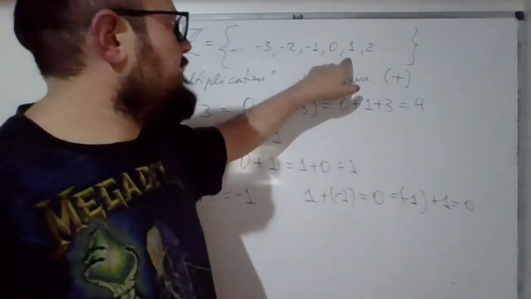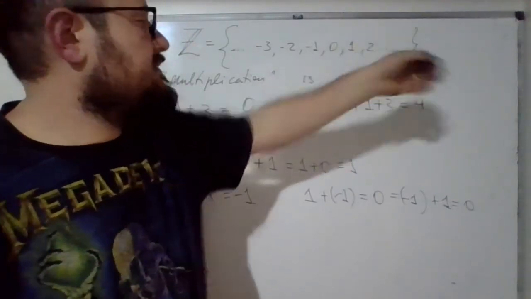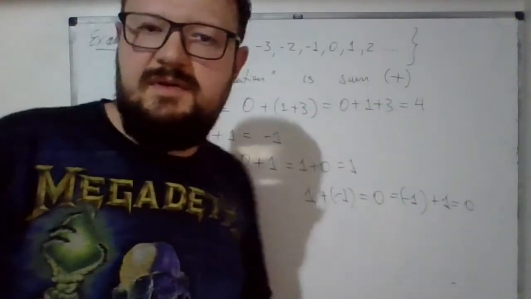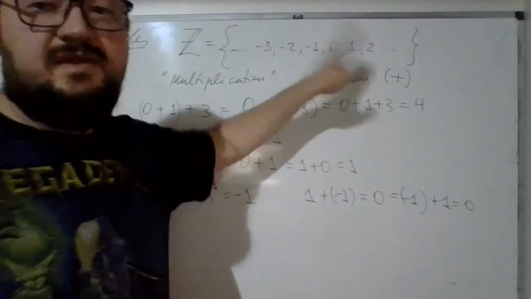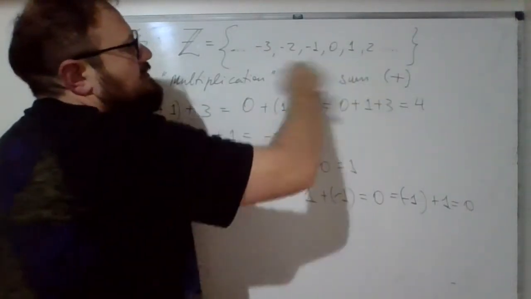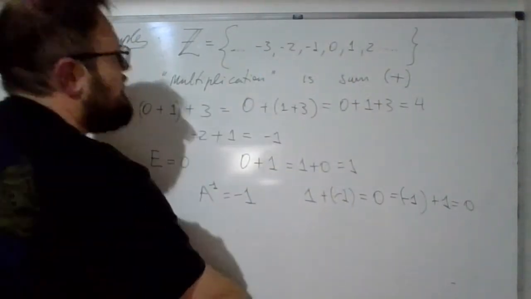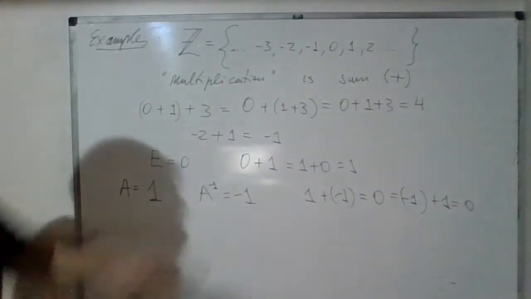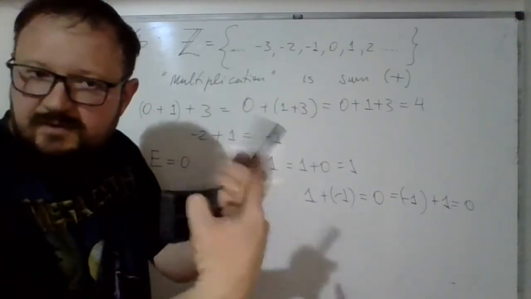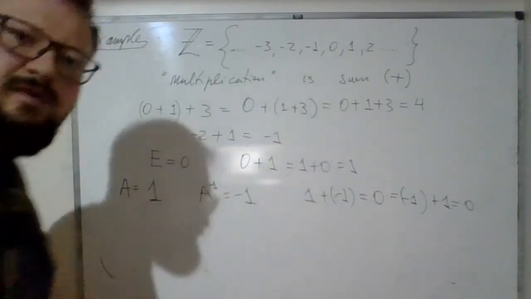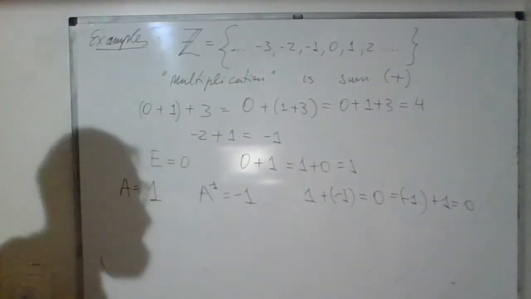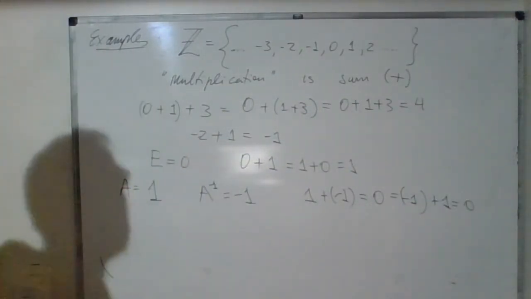So 1 times 2 is inside the set, but 2 doesn't have an inverse inside the group, right? So under the sum, it is a group. Under multiplication, the product of integer numbers, it doesn't form a group just because of the lack of some of the properties required to form a group. All right.